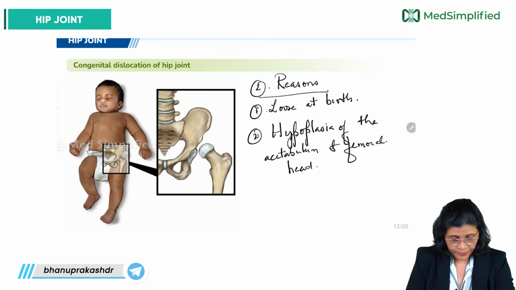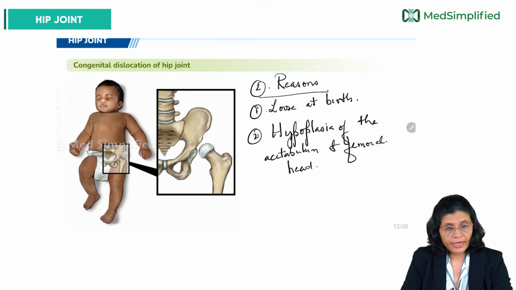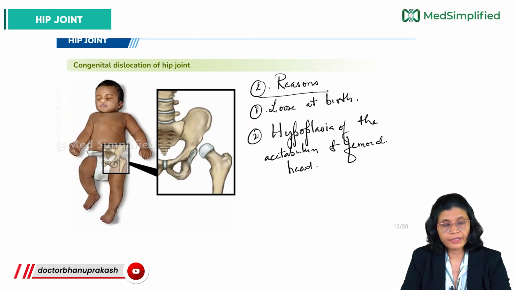The skin folds will be asymmetrical when you compare both sides, and when the child starts walking, there will be a lurching gait with positive Trendelenburg's sign. What do we mean by Trendelenburg sign?